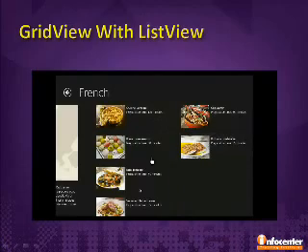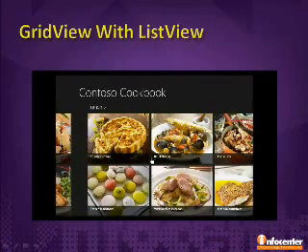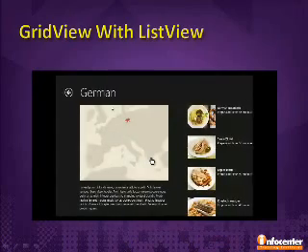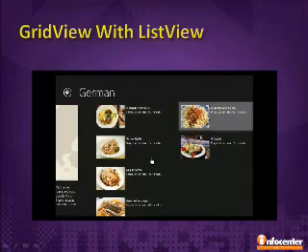Here on the right hand side you can see that the products and the foods are listed in the list view, while the main screen displays the products in a grid view style. Again, we are in the German category, and on the right hand side you can notice that the products are listed in the list view style, which is vertically aligned in the screen.